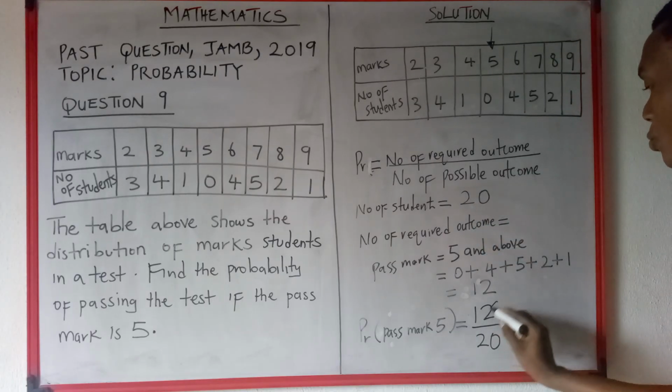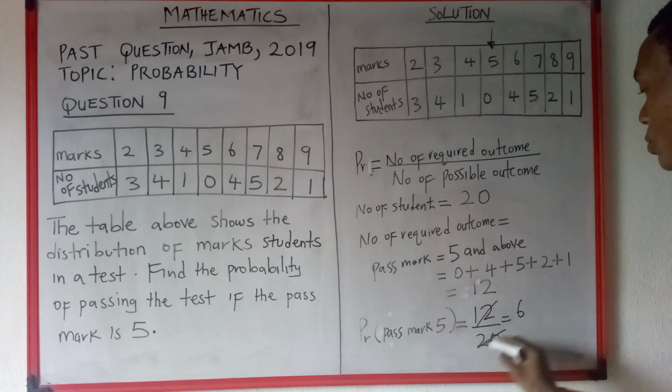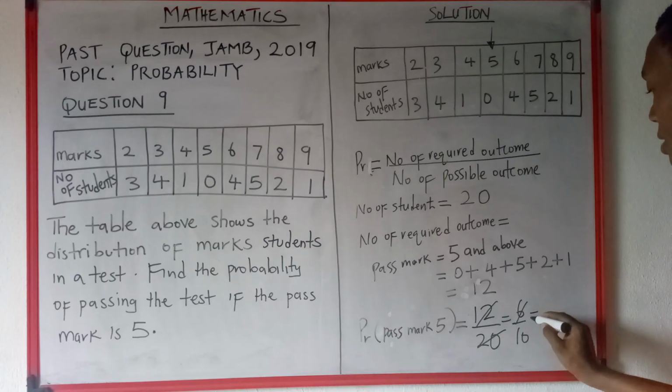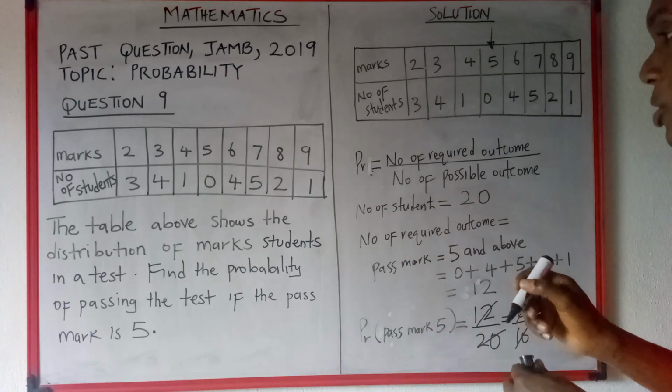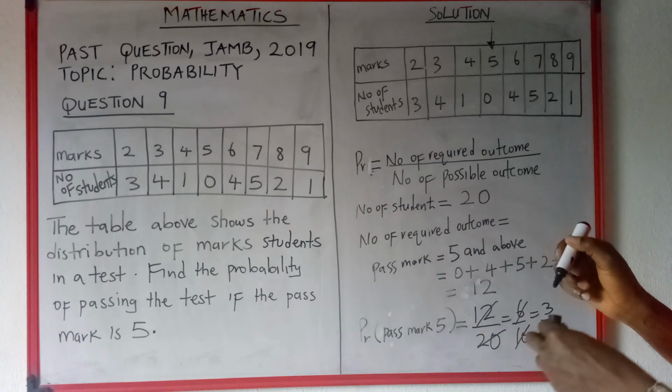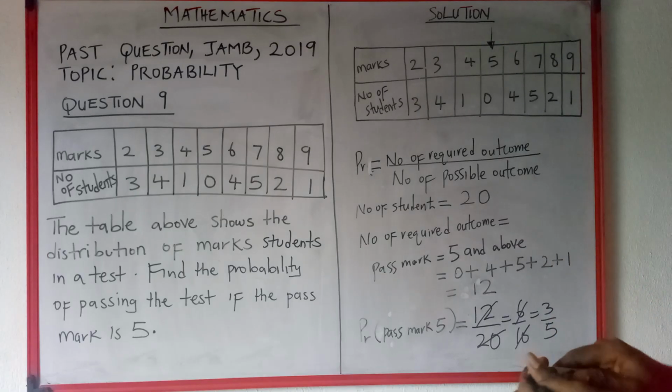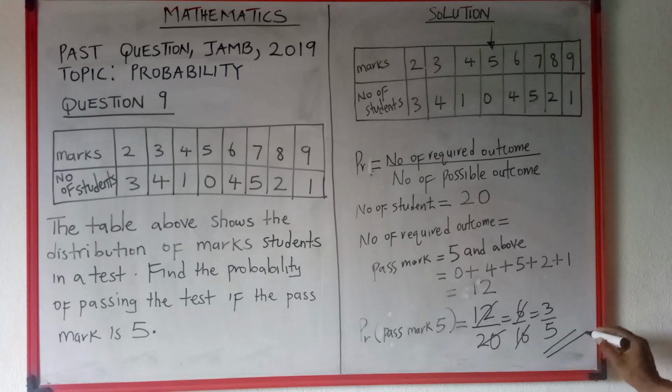So let me reduce: 2 here, 6, 2 here, 10, 2 here, 3, 2 here, 5. So the probability of passing the test if the pass mark is 5 is 3 over 5, making this our final answer.